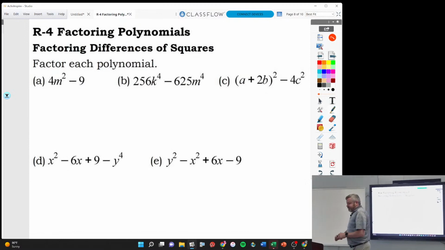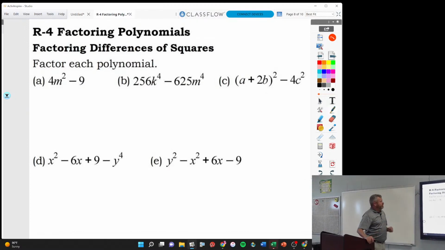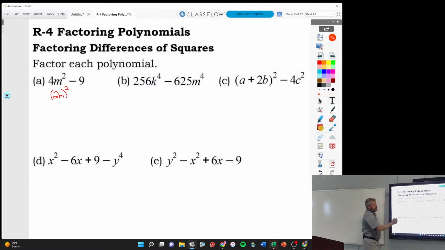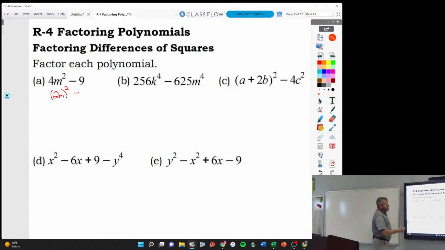All right, so here we go. Letter A. I see two terms. It's a binomial. I'm subtracting, so it's a difference of something. Is 4m squared a perfect square? Yes. 4m squared is a perfect square. It comes from 2m squared. Minus, is 9 a perfect square? Yes, 9 is a perfect square.